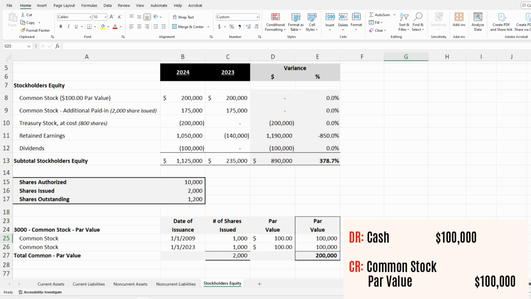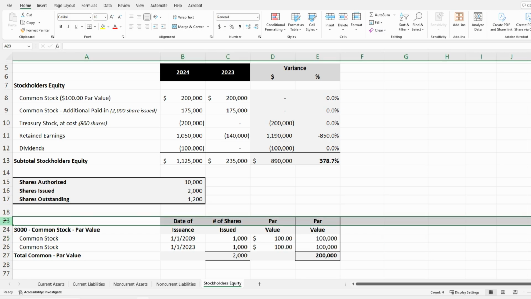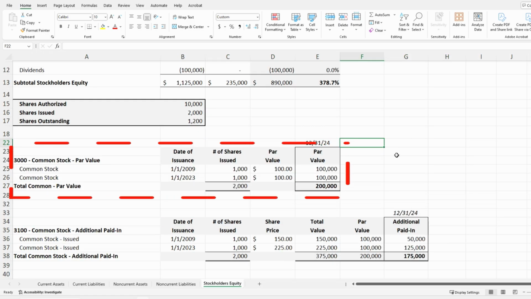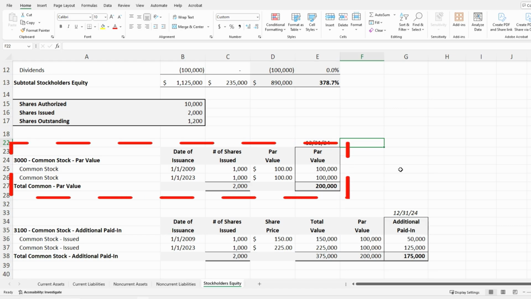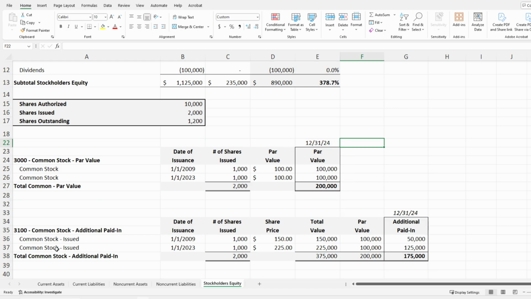So let's transition over to additional paid-in capital because that's the other part of this equation when you're issuing shares, especially when you're issuing shares for more than par value, which is ultimately always going to be the case. I'm going to leave 3,000 common stock par value there so you can see the full situation. Anything over the par value is going to get recorded to additional paid-in capital.